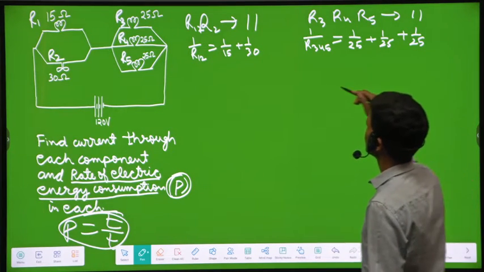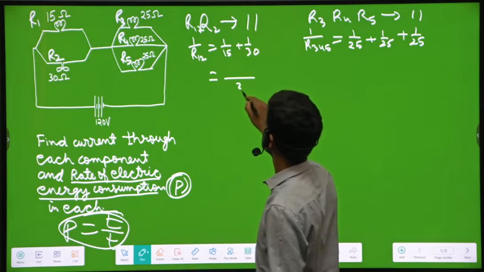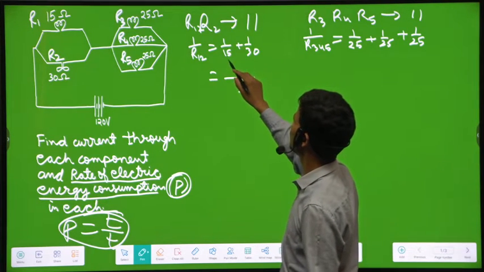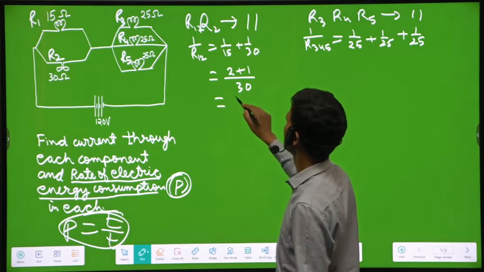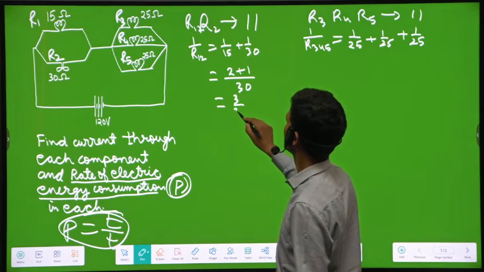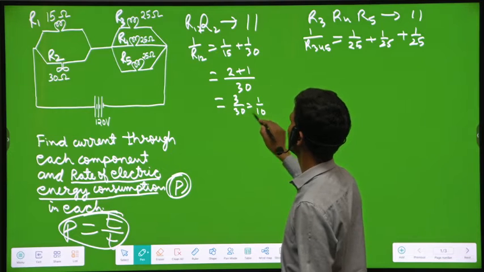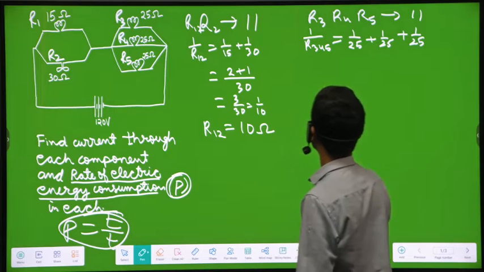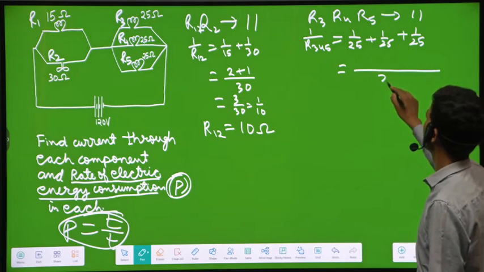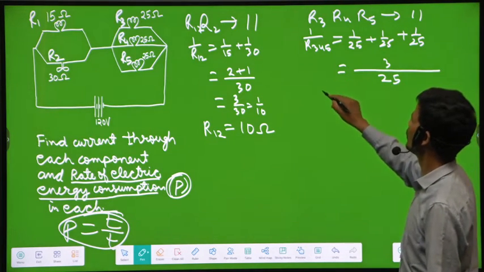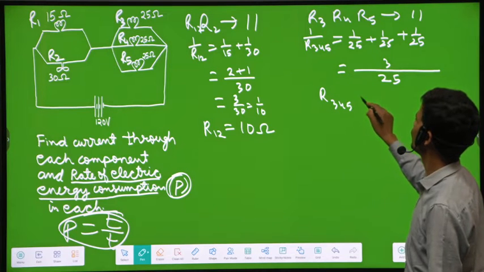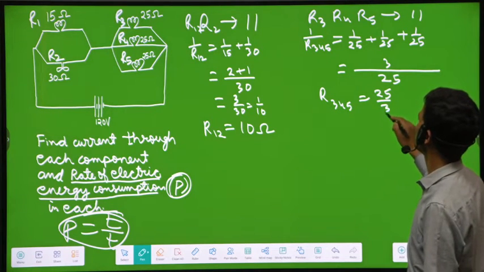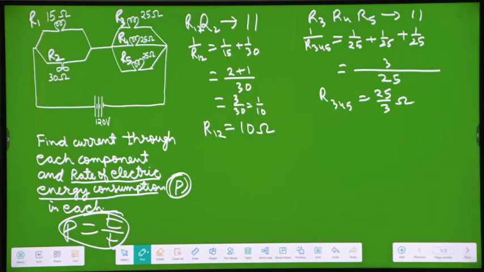So now see, here LCM is 30, 2 plus 1, 3 upon 30, which is 1 upon 10. So R12 is 10 ohm. And here LCM is 25, 3 by 25. So R345 is 25 by 3 ohm. We can convert it into decimal, but it is not required.